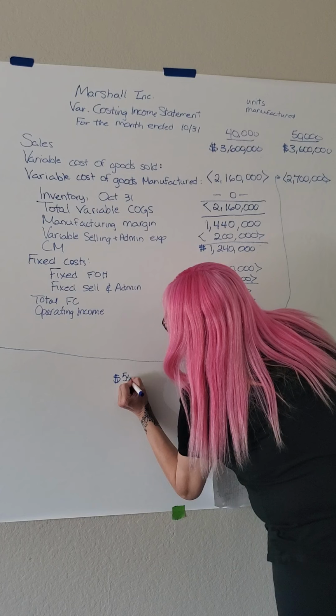Next, we want to calculate out the cost of goods manufactured at 40,000. So under absorption, we're going to take that direct materials of 1,440,000, our direct labor of 480,000, our variable factory overhead of 240,000, and our fixed factory overhead of 120,000.